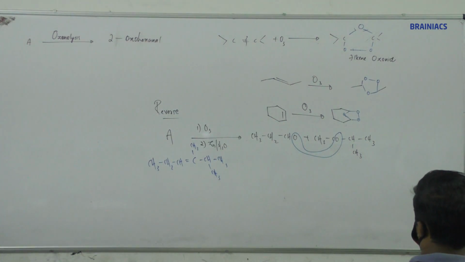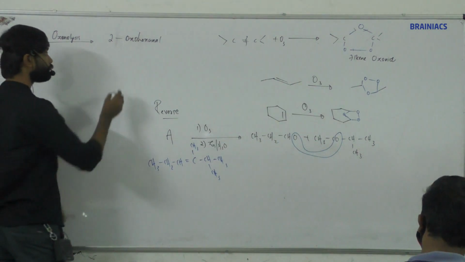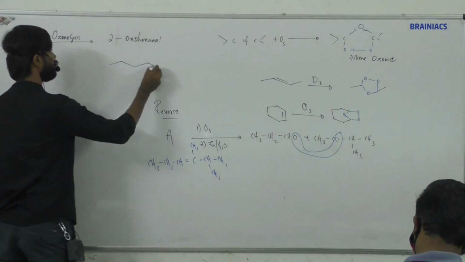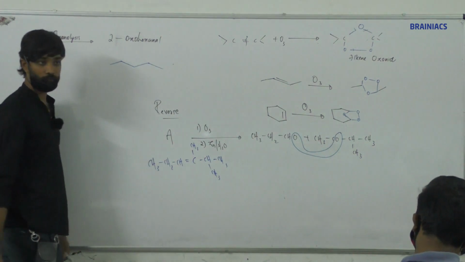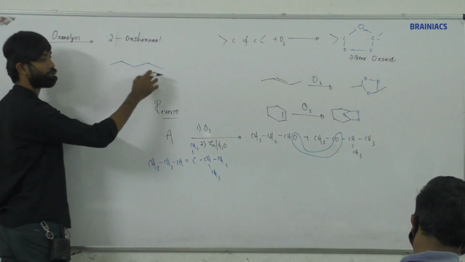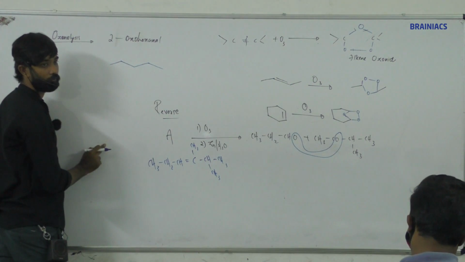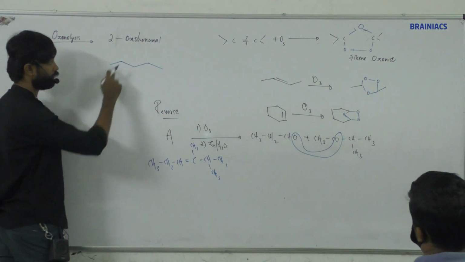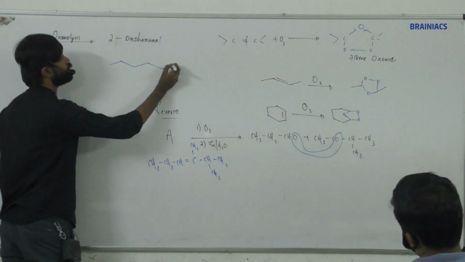So A on ozonolysis forms 5-oxo-hexanal. So hexanal means what? Aldehyde of 6 carbon. How much carbon now? 5, 6.